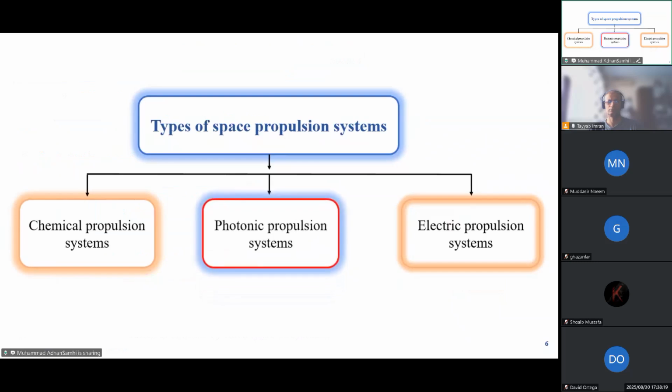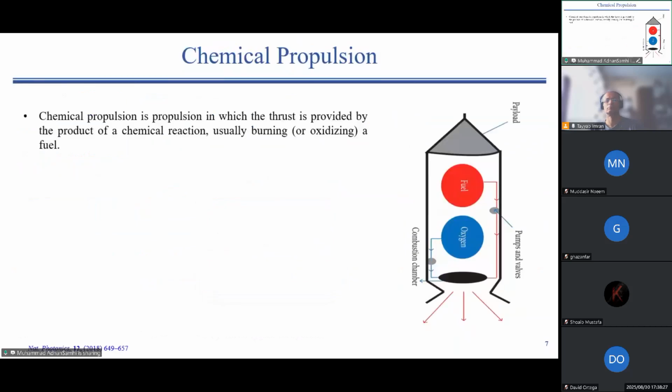So let me introduce the chemical propulsion system. As we all know very well, chemical propulsion systems are those in which we use chemicals like fuels, usually burning or oxidizing fuel, to propel our spacecraft.